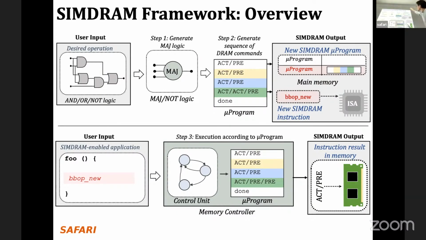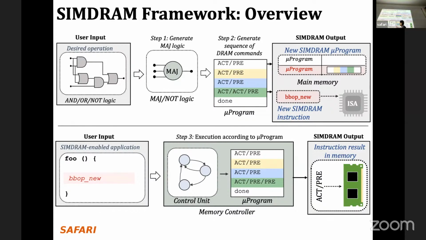The only thing is that in step 2, we need to figure out what's the sequence of DRAM commands that we need to issue for whatever logic we want to compute inside memory. And this sequence of commands is later organized as a microprogram that will be executed by the memory controller.